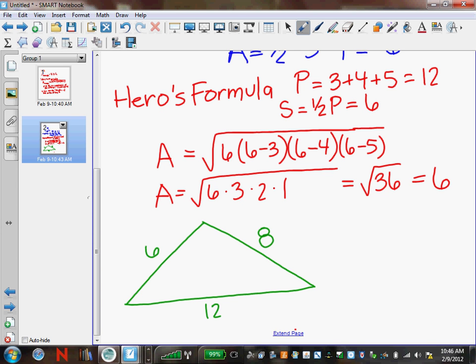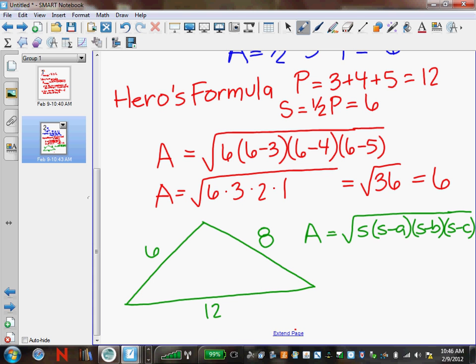We don't know the height of that triangle, so using the formula 1/2 base times height would be more difficult because we'd have to find the height. It's not a right triangle. So we're going to use Hero's formula. So we're going to do S times S minus A times S minus B times S minus C.